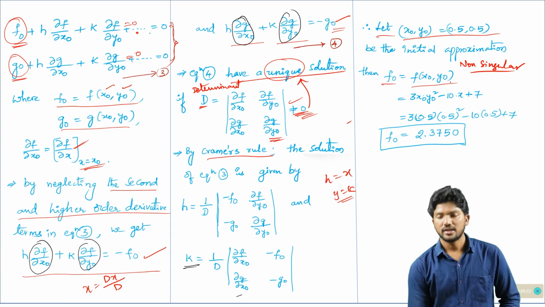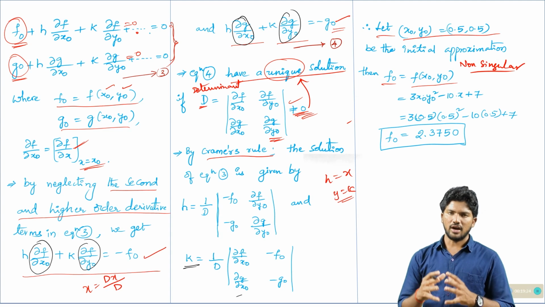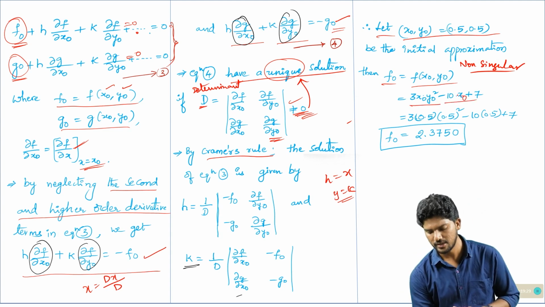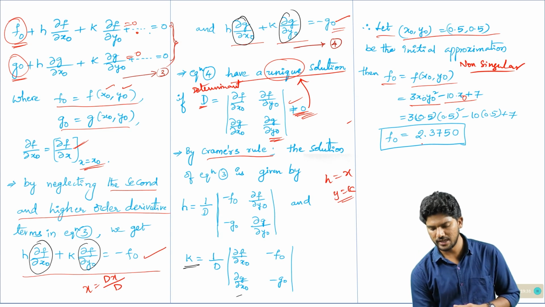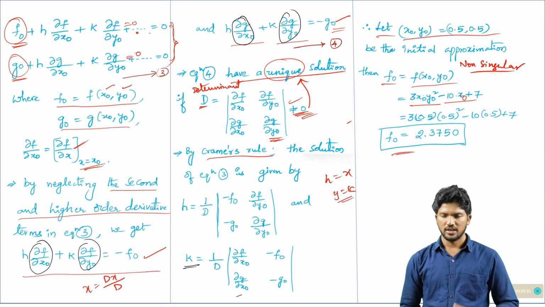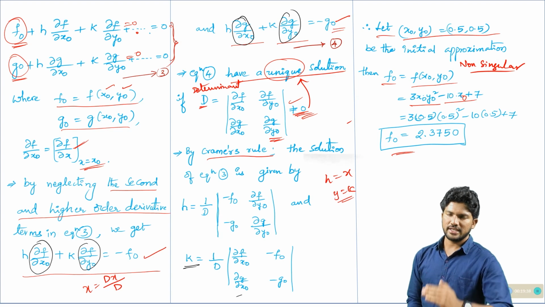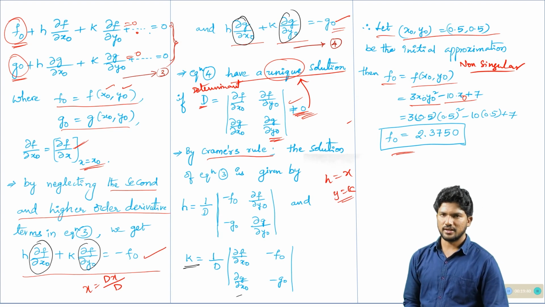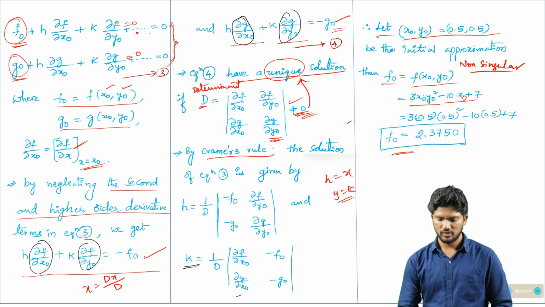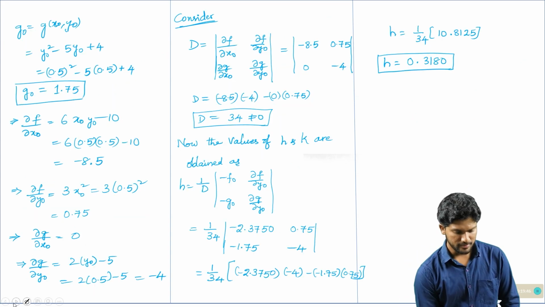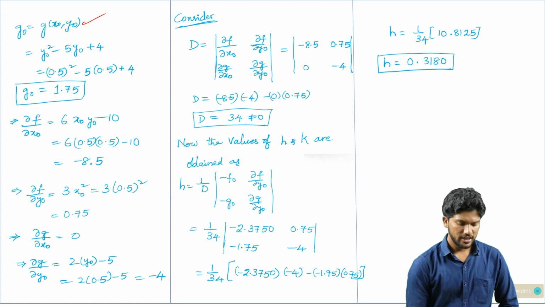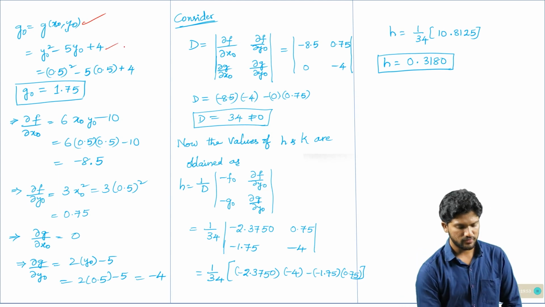f naught is the function in terms of x naught comma y naught, so 3 x naught y naught square minus 10 x naught plus 7. Substituting x naught is 0.5 and y naught is 0.5 in equation number 1 and simplifying, you will get f naught is equal to 2.3750. Similarly, g naught is g of x naught comma y naught, y naught square minus 5y naught plus 4.